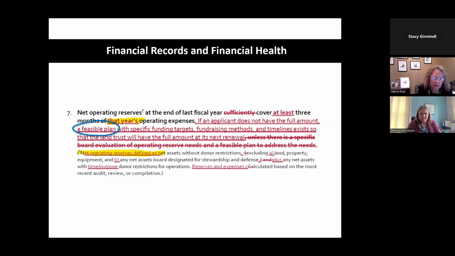Renee, I don't know if that helps or if you need more. And then one other question is, what if you, as a general rule, are rolling in a percentage of operational support into restricted asks? Does that need to be delineated to donors?